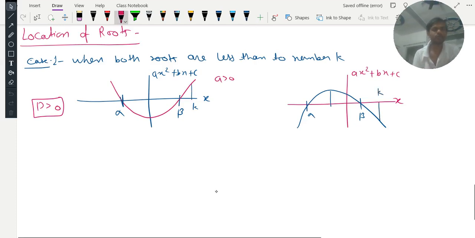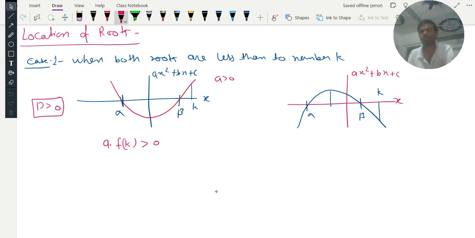So there will be some conditions. The first condition is the value of f of k. For a greater than 0, f of k will be greater than 0. Similarly, for a less than 0, f of k is always less than 0.